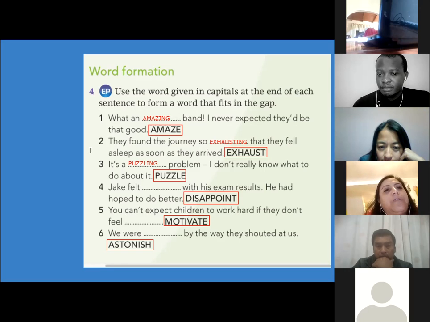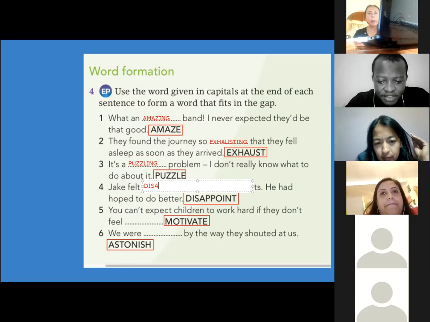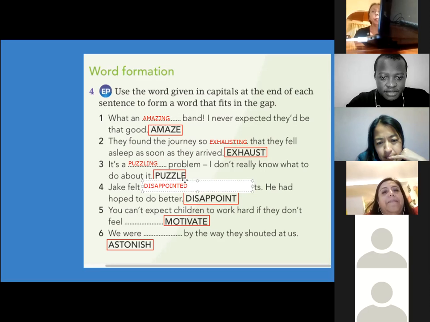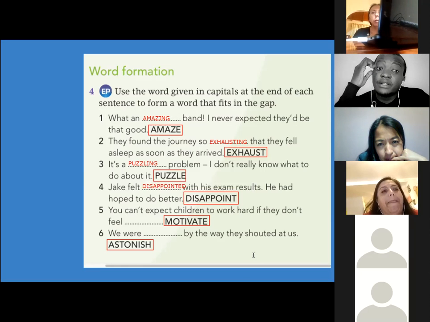He had hoped to do better. Okay. Disappointed. Justification? Because we are describing a feeling, how Jack felt. And how did Jack feel? How did he feel?